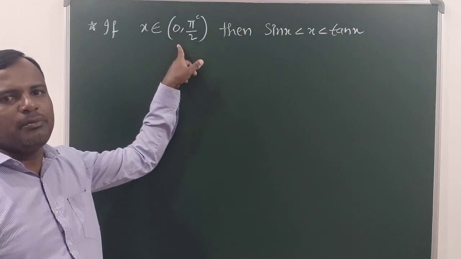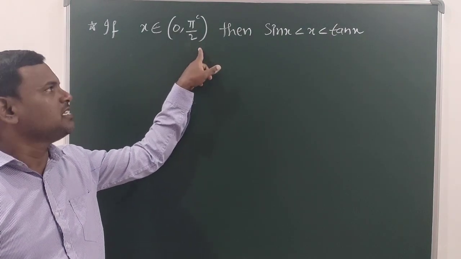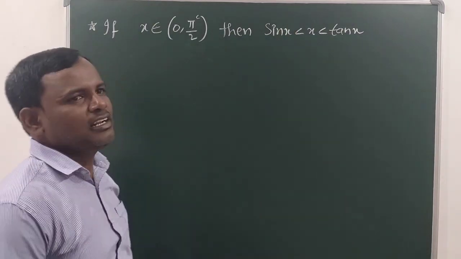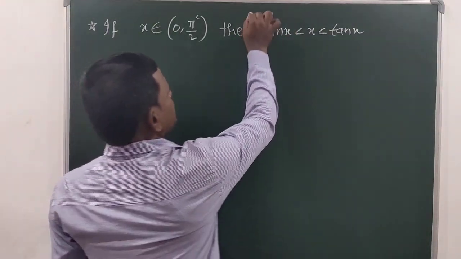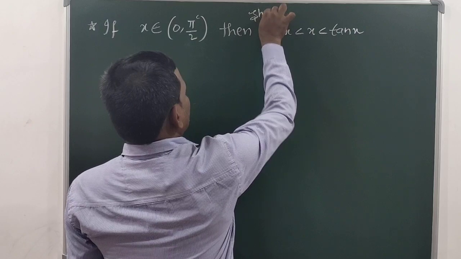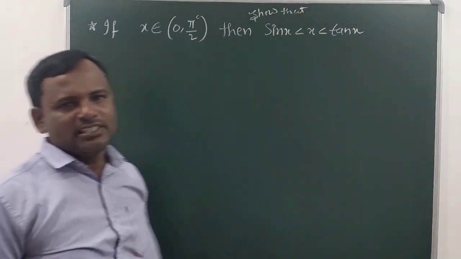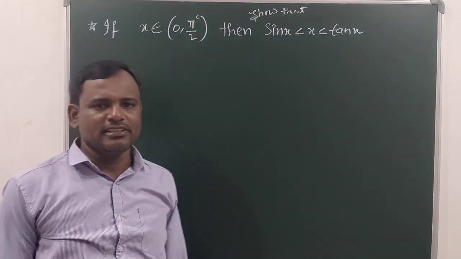If x is lying between 0 to 90 degrees, then show that sin x less than tan x.